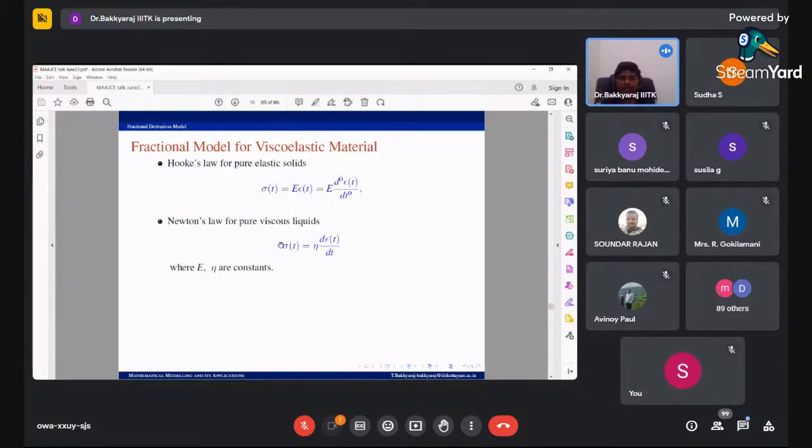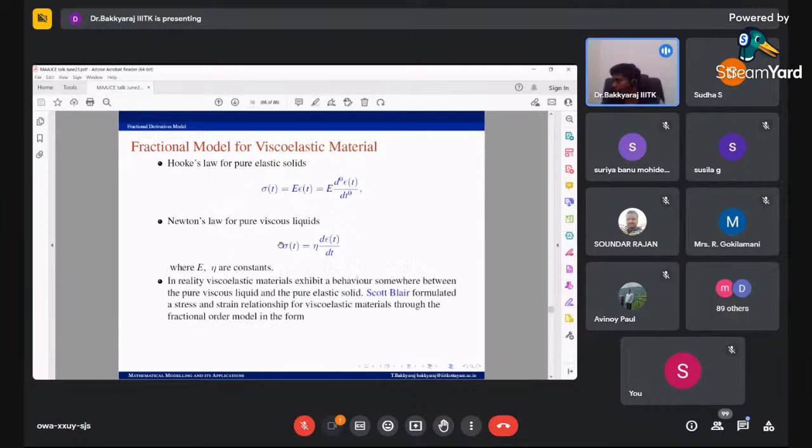This is a particular type of material which exhibits a behavior somewhere between pure elastic and pure viscous. It's an intermediate property these viscoelastic materials possess.